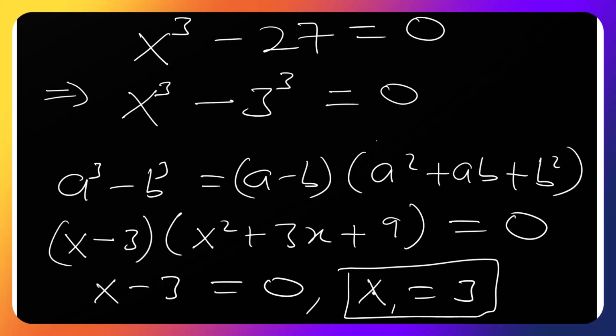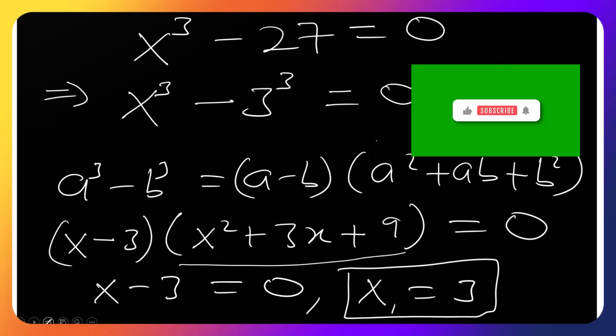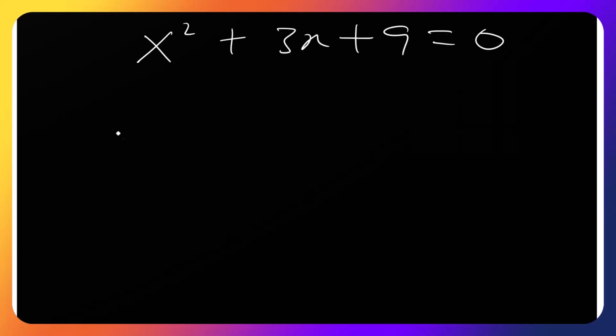Let's move on as we proceed with the next two solutions. From here, x squared plus 3x plus 9 equals 0. Let's complete the square of this. x squared plus 3x equals minus 9.